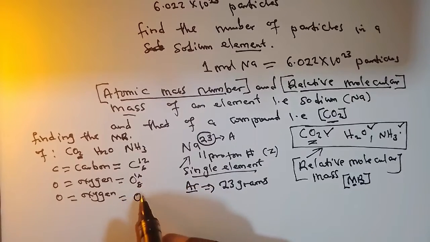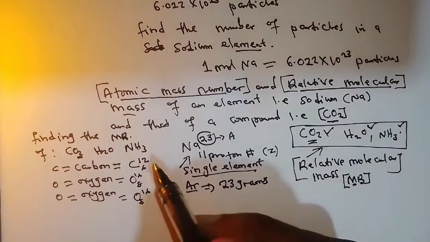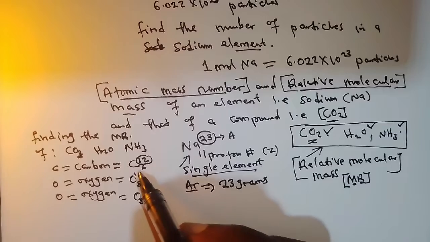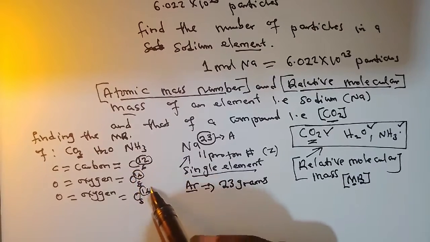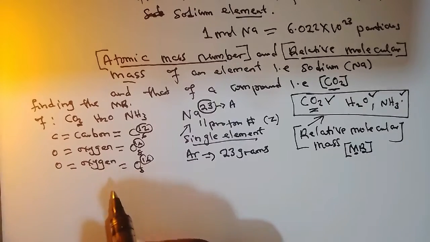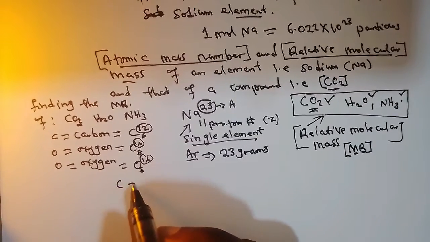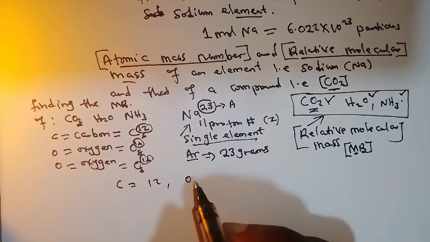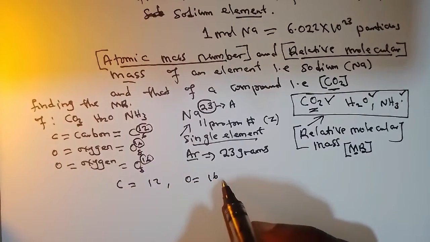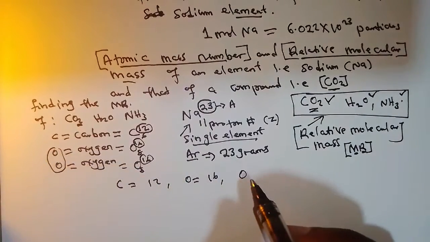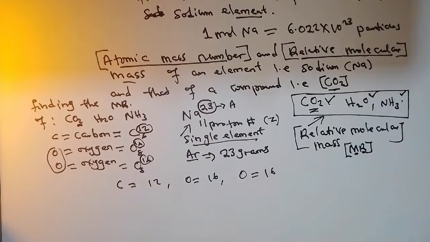Even this one is 16 8. So the numbers that you're interested in are these that are on top. Okay, 16 there, 16 there. Now carbon is just 12 and oxygen is just 16. And remember, we have 2 oxygen there, so we have another oxygen that is 16.